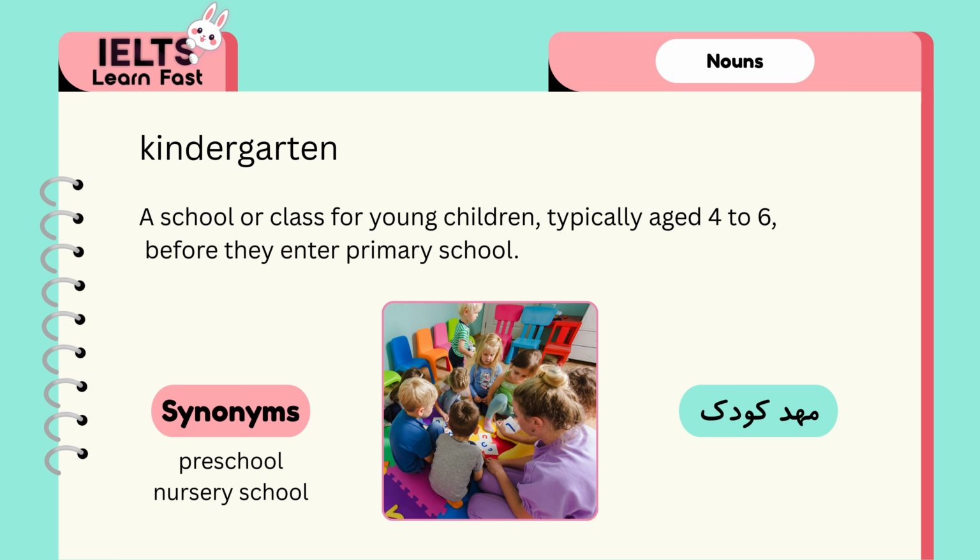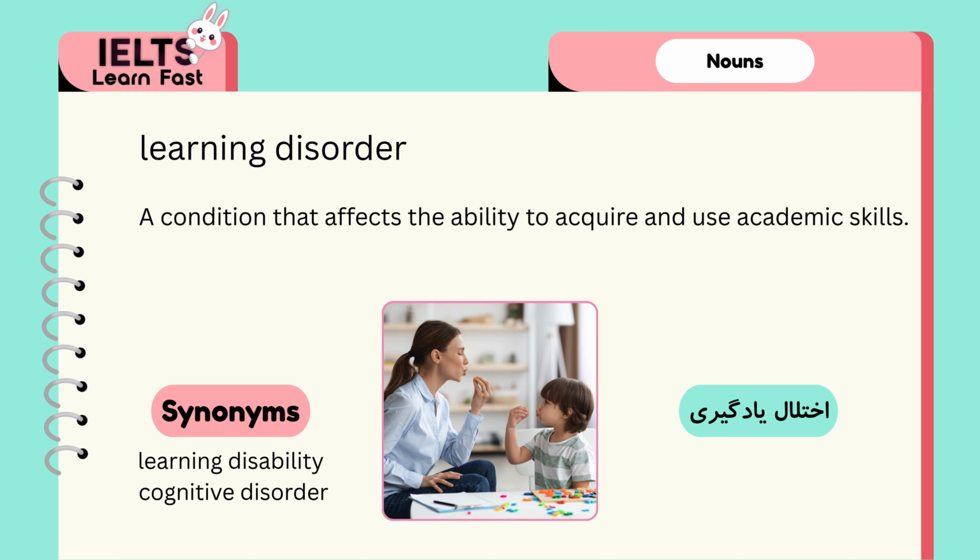Kindergarten: a school or class for young children, typically aged 4 to 6 before they enter primary school. Synonyms: preschool, nursery school. Learning disorder: a condition that affects the ability to acquire and use academic skills. Synonyms: learning disability, cognitive disorder.